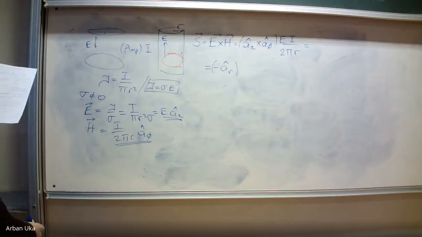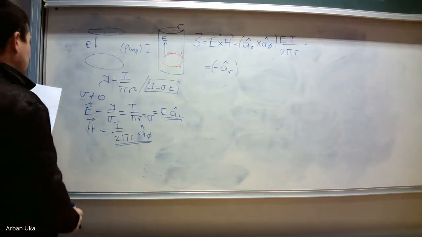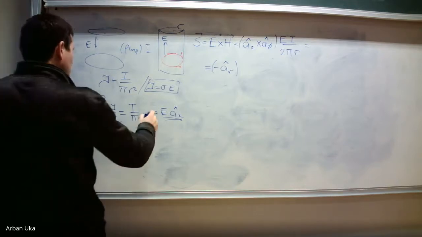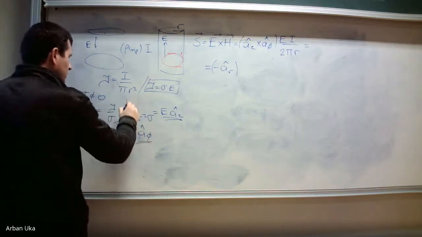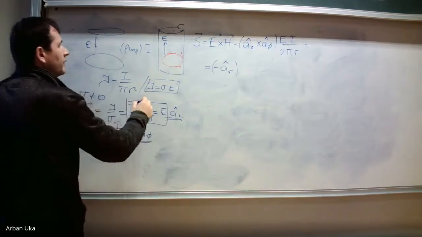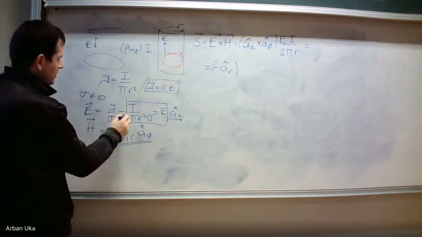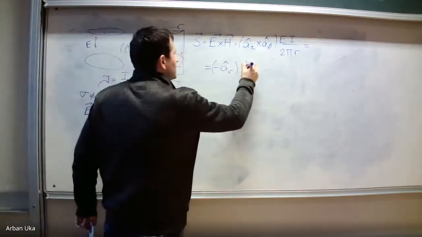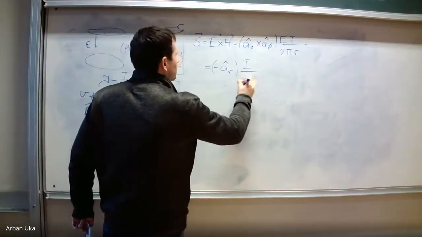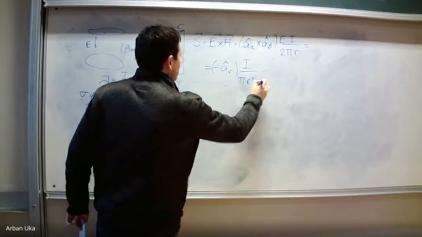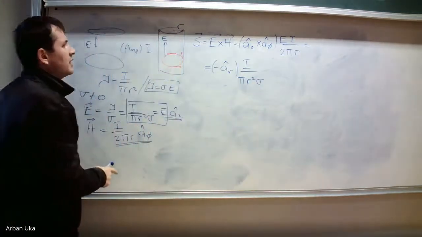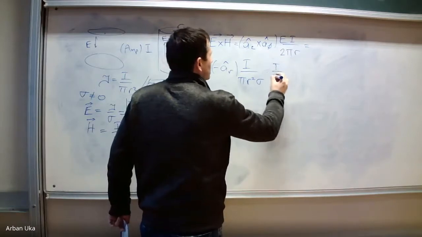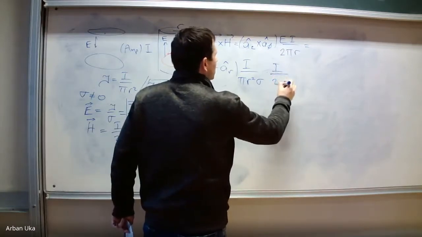And then for E, let's see for a moment what E was. Well, E was equal to, so we can extract E from here. So E is the current divided by pi r squared sigma. This is current I divided by pi r squared sigma. Then we multiply here with I again. Current I over 2 pi r.